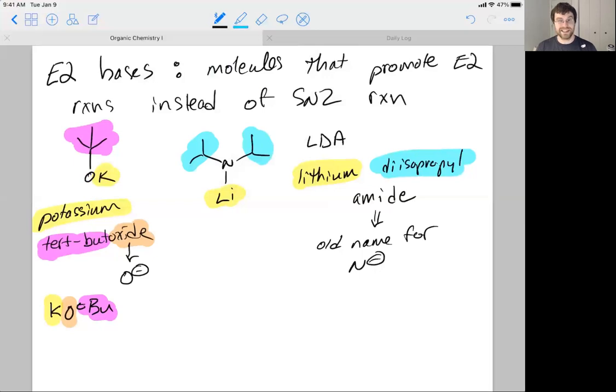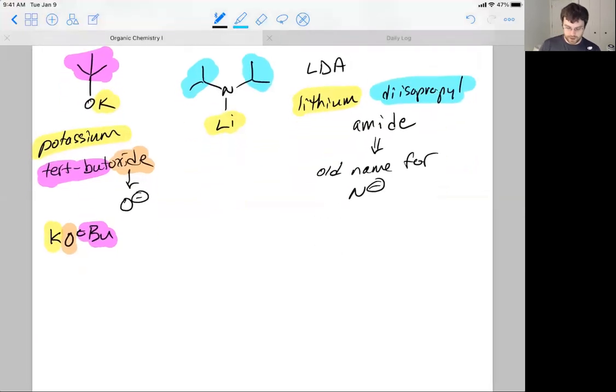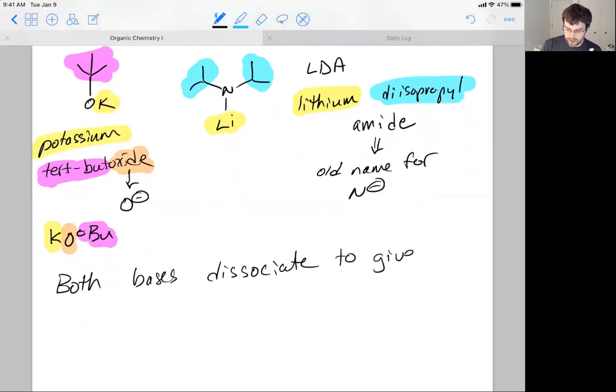Now, if you notice, I said the base had a negative charge, but neither one of these molecules actually has a negative charge. Rather, both bases dissociate to give the negative atom.